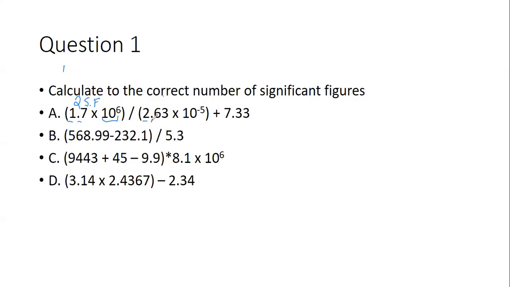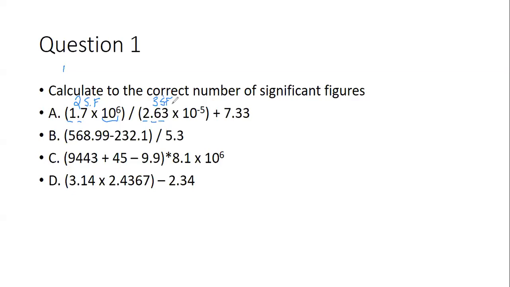Right, 2.63. That is 3 sig figs. So we are taking a number that is 2 sig figs divided by a number that's 3 sig figs. So for that, our answer should only have 2 sig figs.